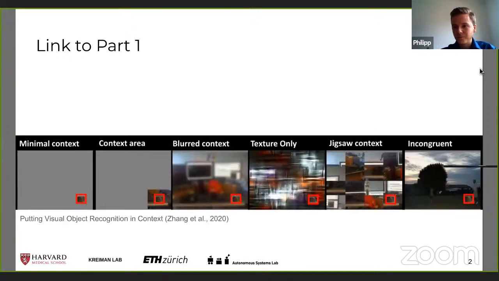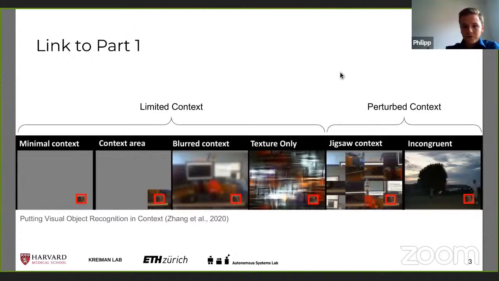Now, to start off, I'd first like to make a link back to part 1. So I brought up once again those different experiments that we've looked at. And we can group those experiments into 2 cohorts. The first set of experiments were all aimed at limiting context in some way or another.